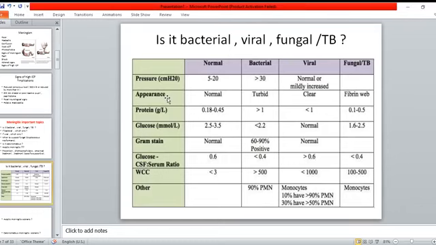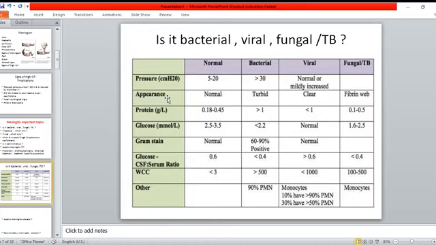In bacterial, tuberculous, and fungal meningitis, the protein is increased, much higher, especially in tuberculous infections. Of course, the protein is also high in some cases of aseptic meningitis, and also in patients with carcinomatous meningitis. But commonly, we speak now mainly on the infections, bacterial, viral, or fungal.